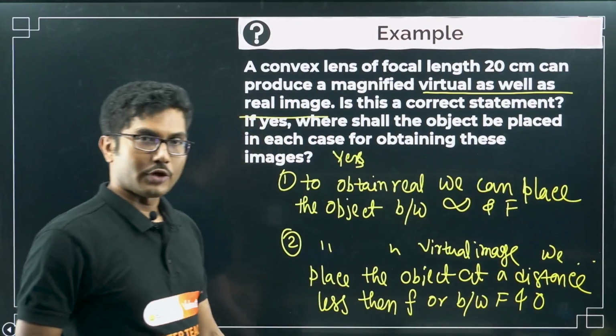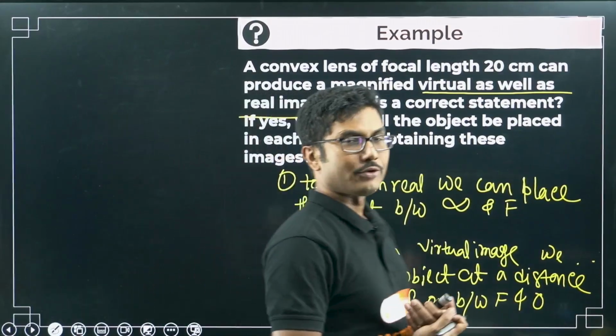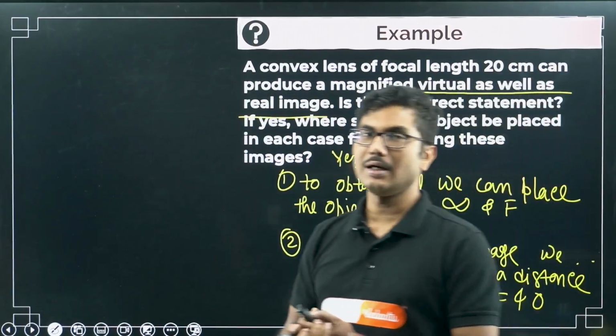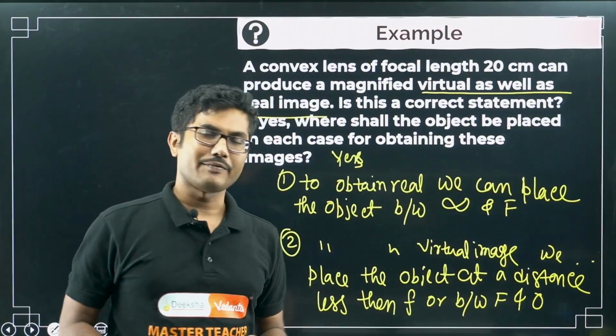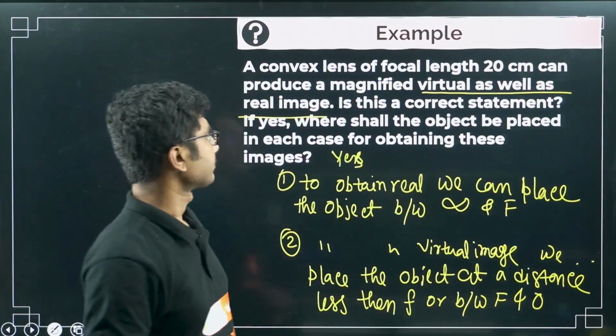So focal length and optical center, if you place the object between f and o, you get a virtual image, and to get the real image, it can be anywhere between f and infinity.